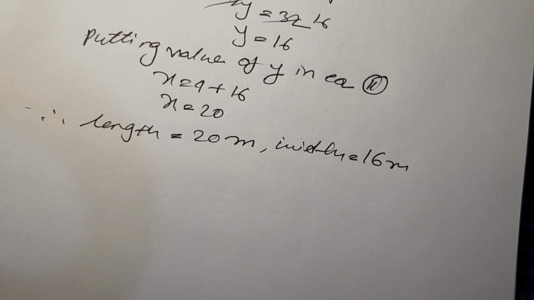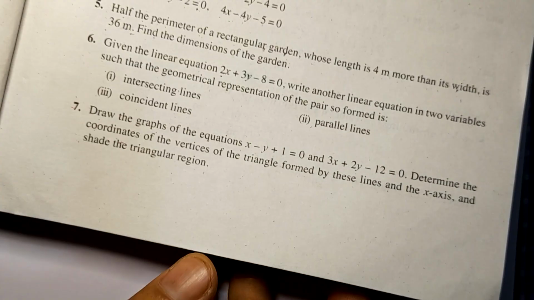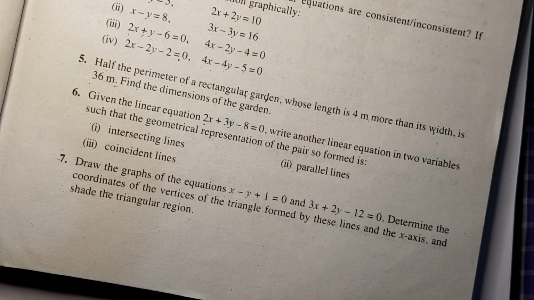Now next is question number 6. What does it say? You have to write the linear equation by yourself so that it satisfies the intersecting condition, parallel condition and coincident condition.